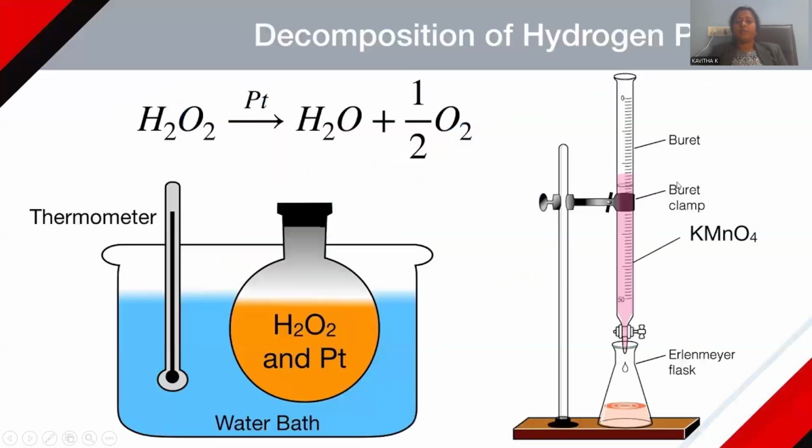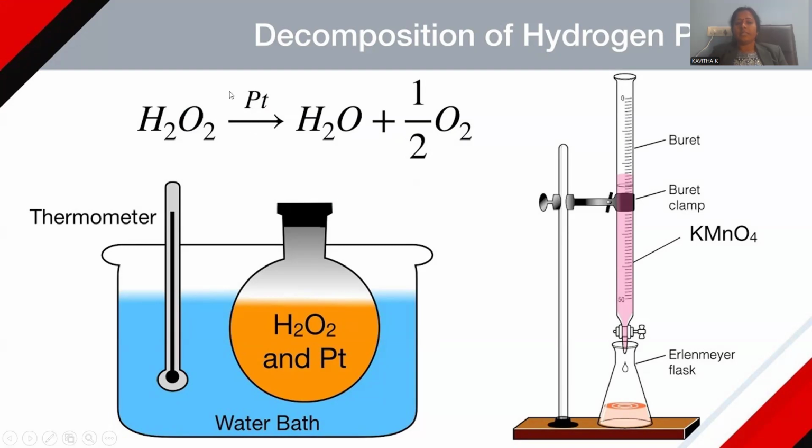Now, decomposition of hydrogen peroxide. So hydrogen peroxide can be decomposed. Already we mentioned that hydrogen peroxide is oxygen rich in nature. It can be justified, it can be confirmed by the reaction with platinum.